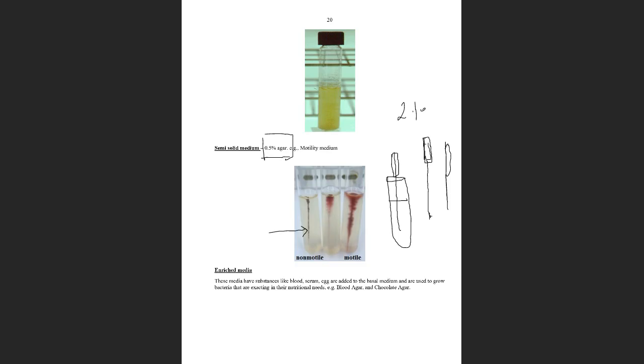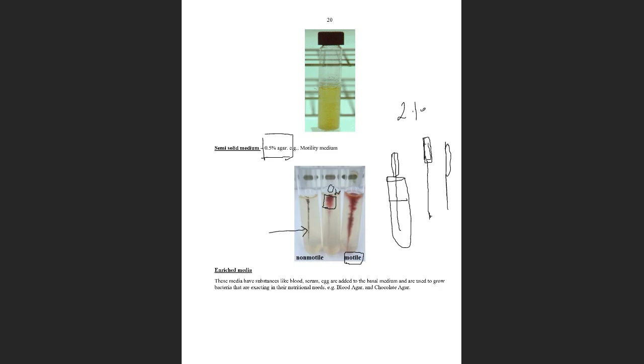Tube 3, all the way to the right, bacteria spread throughout the tube. It did not stay only where you stabbed it, but it's growing everywhere. And it's because this bacteria has flagella and it's motile. The bacteria in the center is also motile. As you see, it spread away from where it was stabbed. The only thing is this bacteria likes more oxygen.